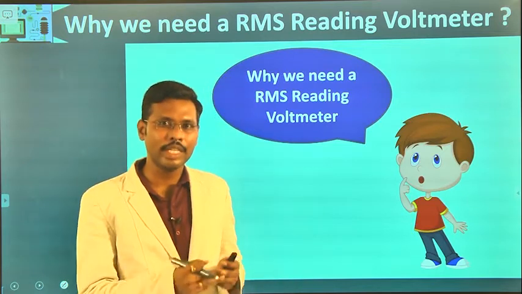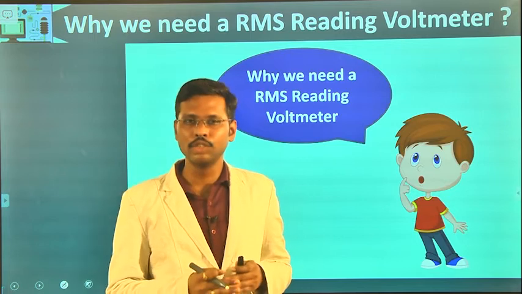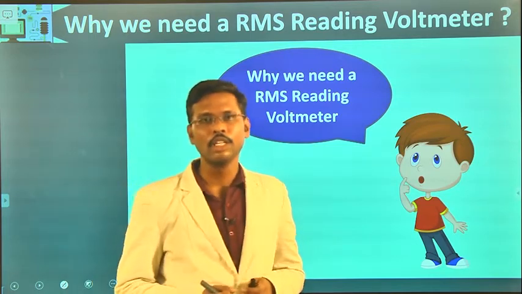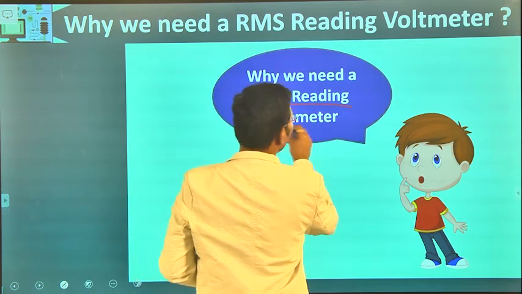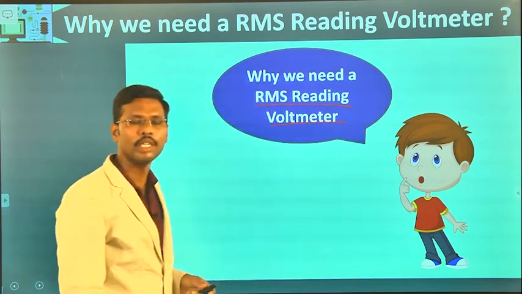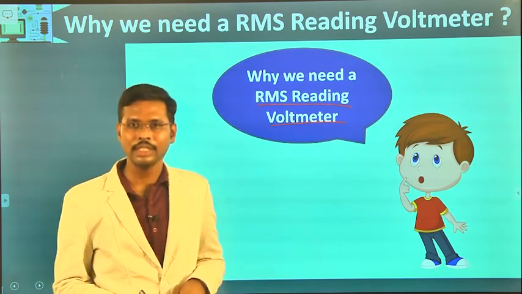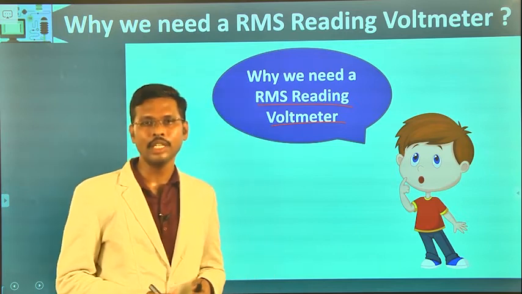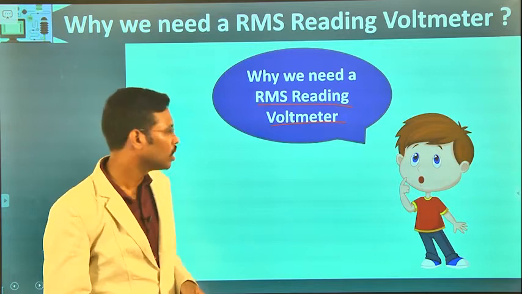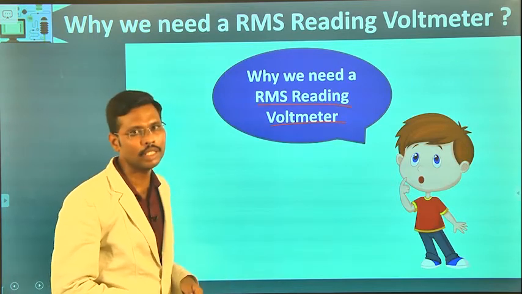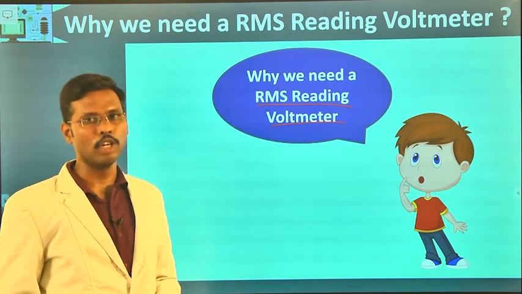But when the case is of non-sinusoidal signals, we do not have any specific meter useful for the measurement of RMS voltages. So, this RMS reading voltmeter or RMS responding voltmeter is used for the measurement of RMS voltages of signals which are non-sinusoidal. That is the basic purpose of having this true RMS responding voltmeter.